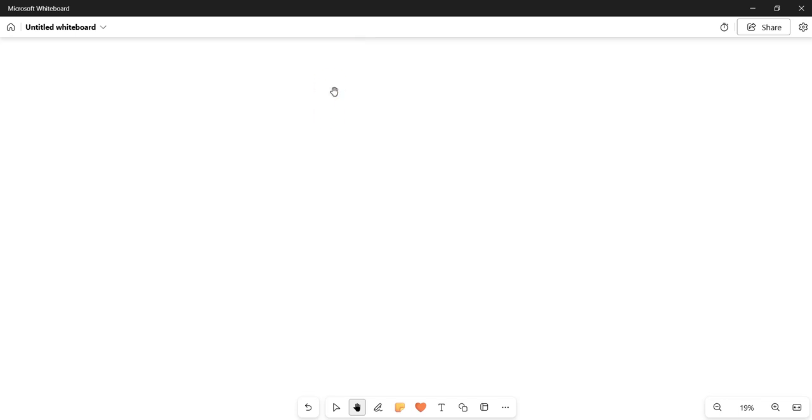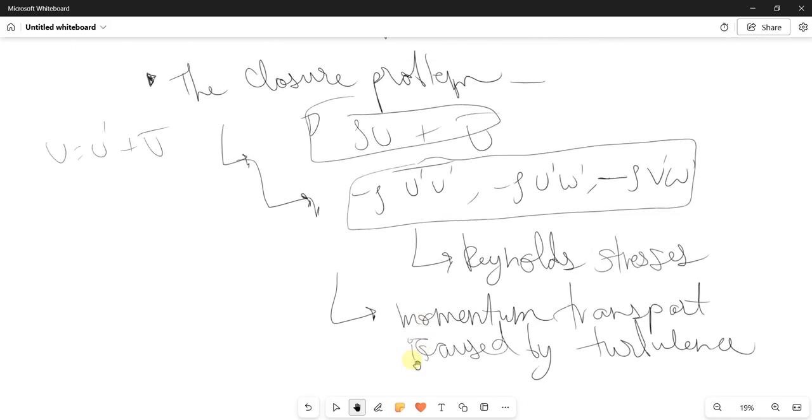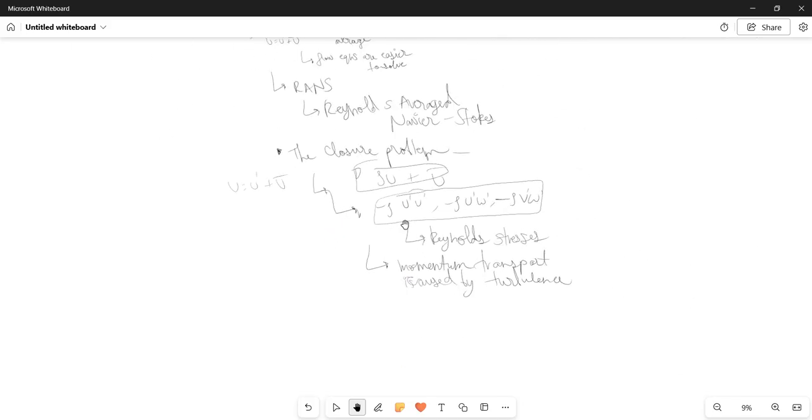I can write this as the Reynolds stress tensor. Wait, before I touch upon this, I told you this is a closure problem, right? So why is it called the closure problem? The original equation that you had, once you had split it and averaged it, that was RANS that you got, right?